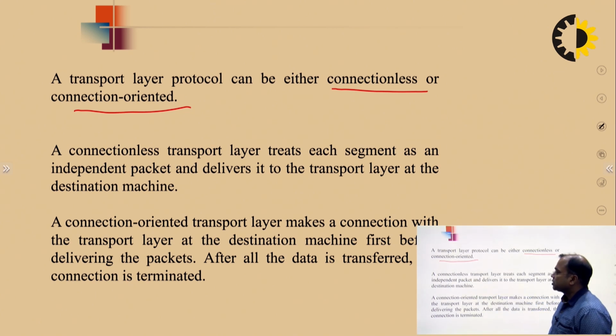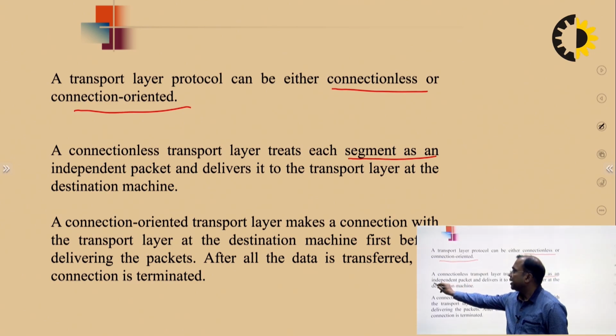A connectionless transport layer treats each segment as an independent packet.